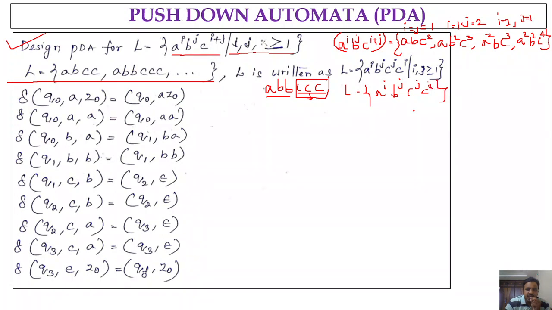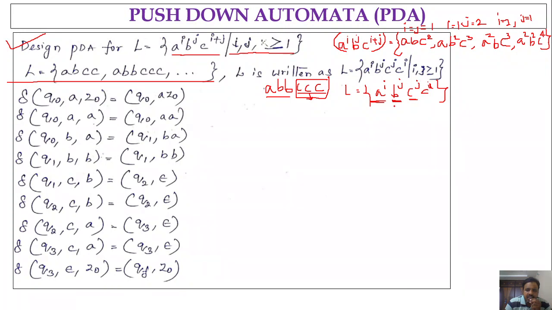So why am I writing this? First I am pushing the a's followed by the b's. Okay, so first I will push the a's and then I will push the b's. Since I have the b's on the top of the stack, I have to compare whether the number of b's is satisfied by the number of c's here.